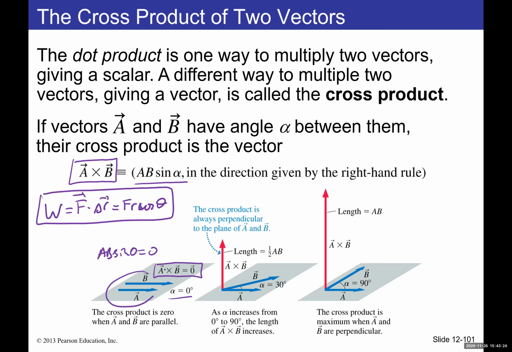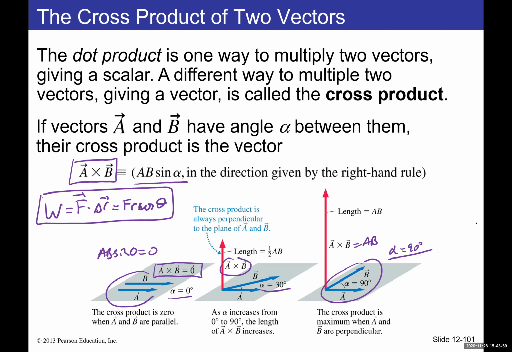Next, for two vectors at an angle of 30 degrees to one another, A cross B is not 0 anymore; you just do AB sine of 30 and calculate it. And if two vectors are perpendicular, where alpha equals 90 degrees, A cross B is just A times B, which gives you the maximum resultant, the product of the magnitudes, because sine of 90 equals 1.